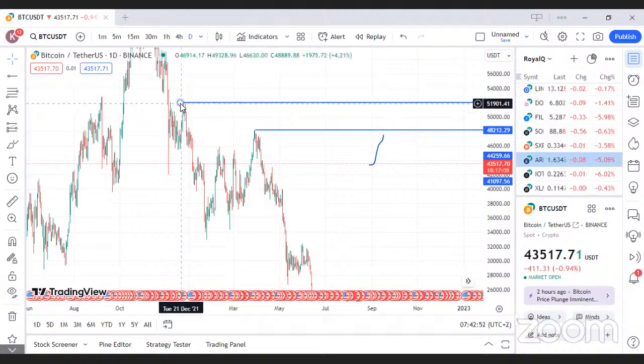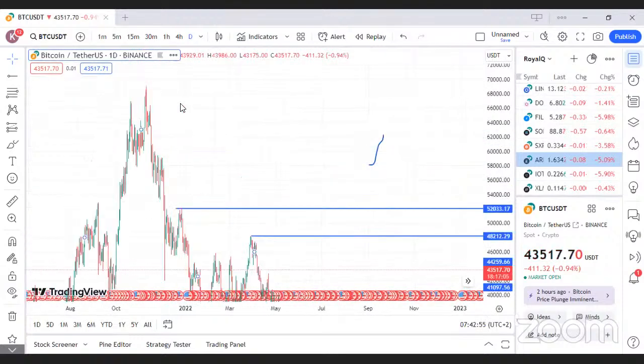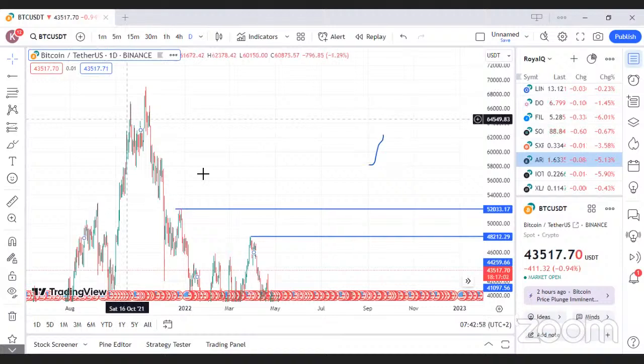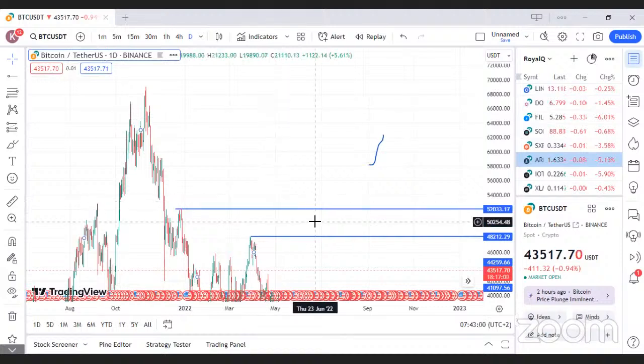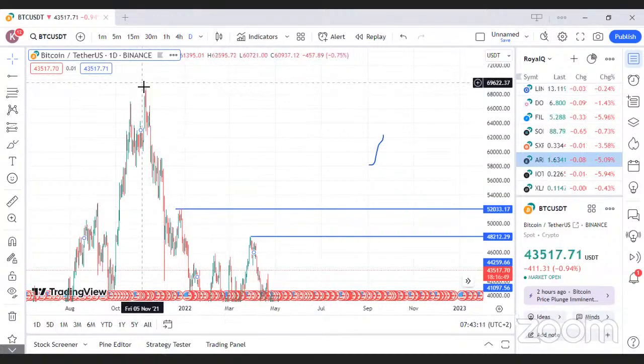If these guys buy, I don't expect them to buy up to the all-time high. But if the pump is serious, then if what happened to gold happens to Bitcoin, we could see Bitcoin form a new all-time high, breaking the previous all-time high of $69,000 because of the power of the ETF.